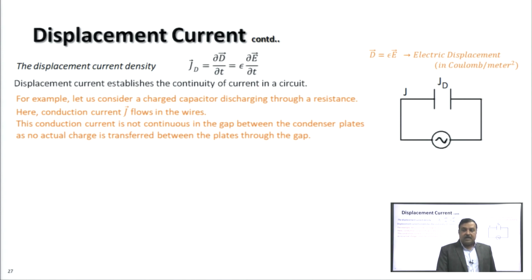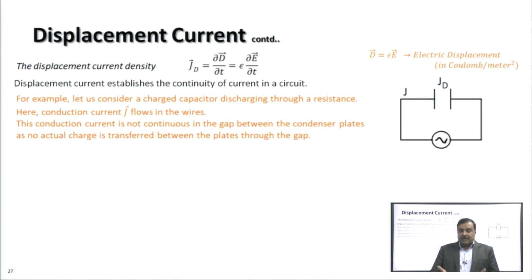This conduction current is not continuous in the gap between the condenser plates, as no actual charge is transferred between the plates through the gap. So, conduction current flows through the wires, but in the gap between the two condenser plates the current is discontinuous, because plates are separated, they are not in contact with each other.